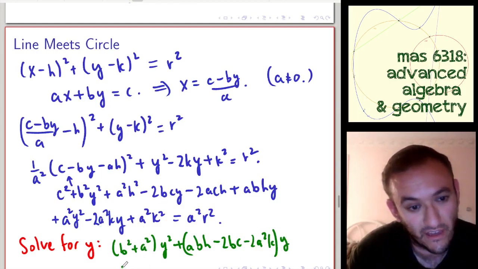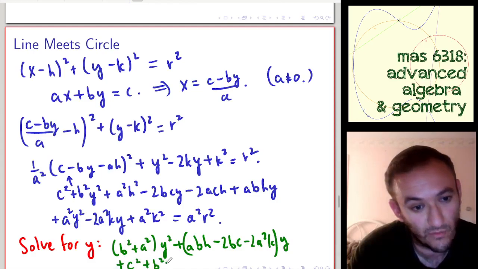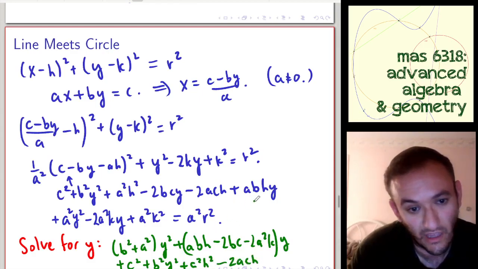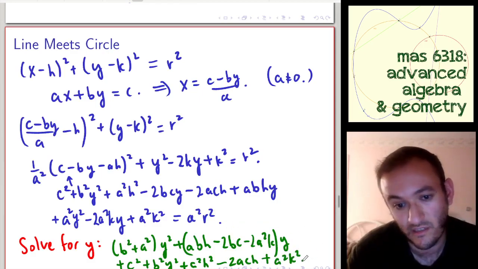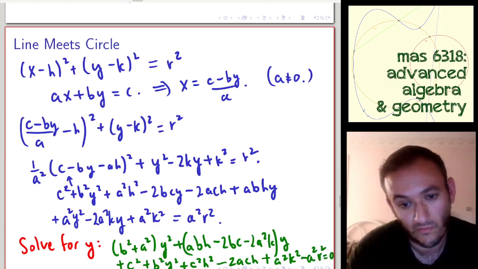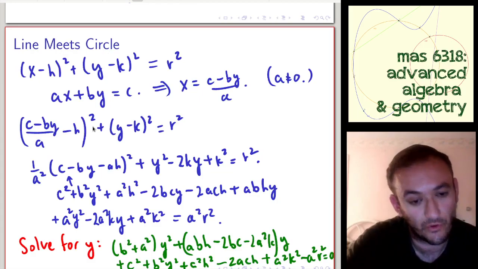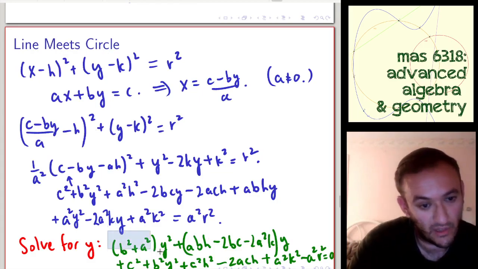So we have plus c squared plus a squared h squared minus 2ach, ignoring the y terms, plus a squared k squared. And I'm going to move the a squared r squared onto this side of the equation, minus a squared r squared, which should be equal to 0. Okay, so that's a lot. So I'm going to copy it onto the next slide.